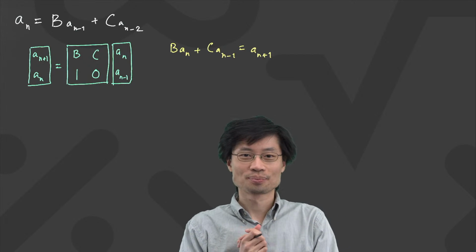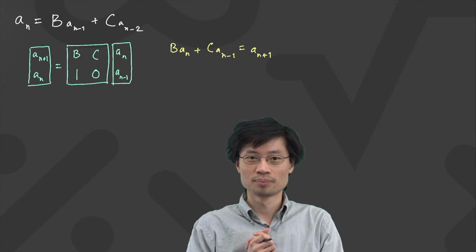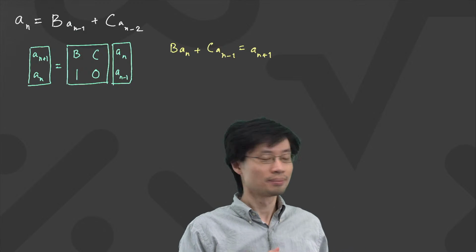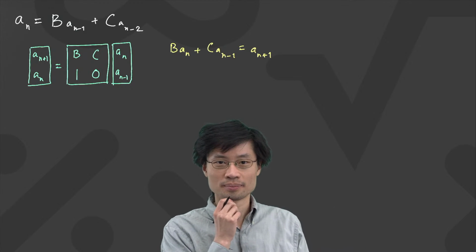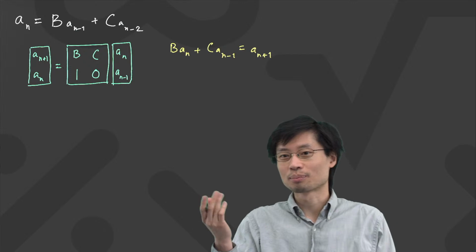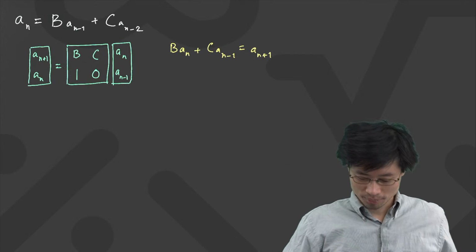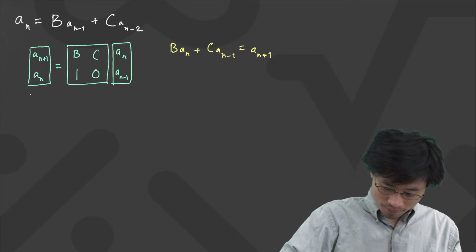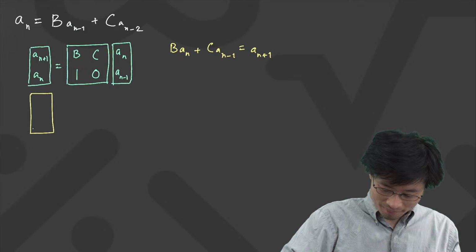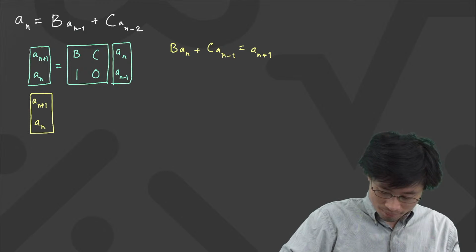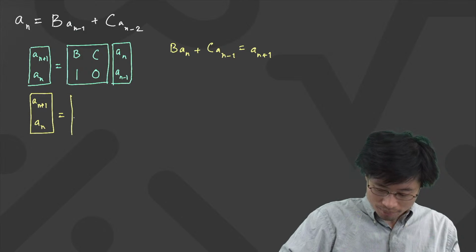Anyone else? I have a matrix product. Braden. Well, now we can write this in a general form in terms of the power of this matrix, B C 1 0, times whatever our first 2 terms are.